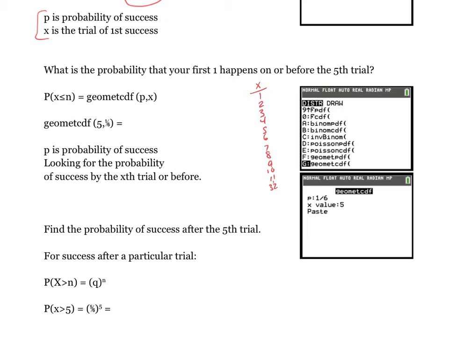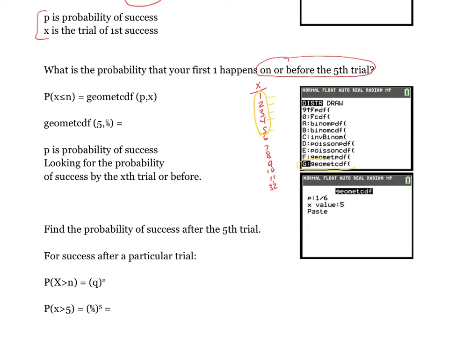So if X was what trial do I get my success on, this question is asking, what's the chance of getting it on or before a certain trial? So on or before the fifth would mean all of these count, okay? Fifth or below. So we have a function on your calculator that will do this. It'll figure out 5, 4, 3, 2, and 1 and add them all together.